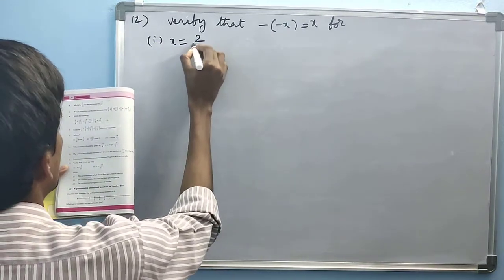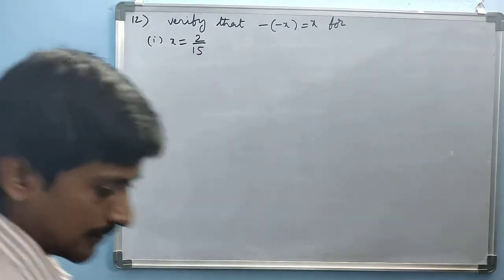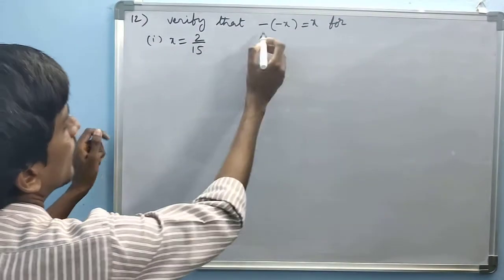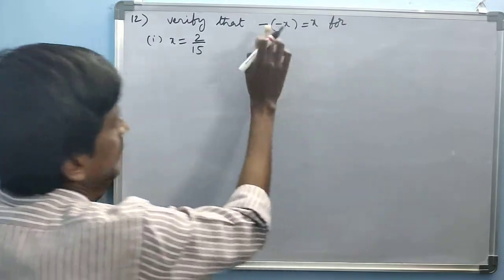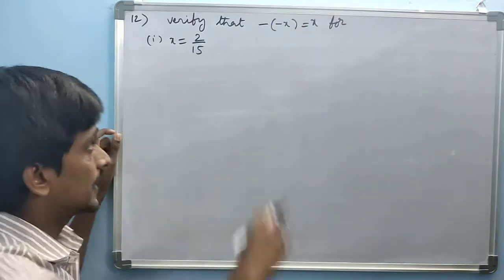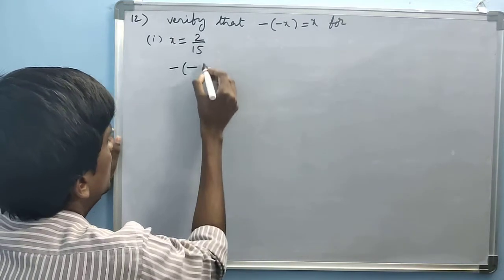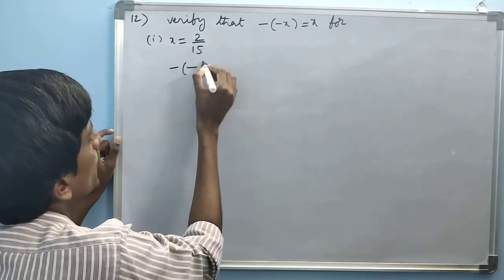x equals 2 by 15. This one is verify. LHS equals RHS, I show that. Minus of minus x equals 2 by 15.